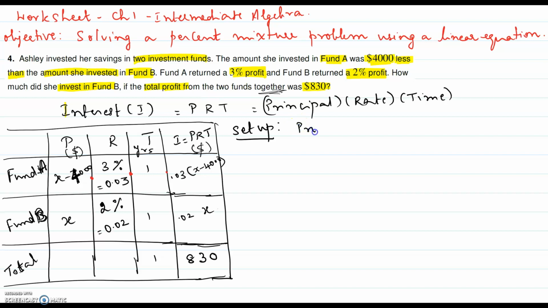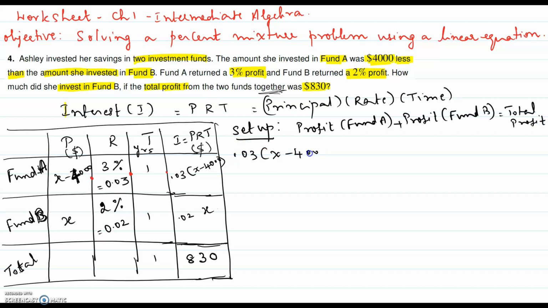So profit from Fund A plus profit from Fund B equals total profit. So it is 0.03 times x minus 4,000 plus 0.02 times x equals 830.